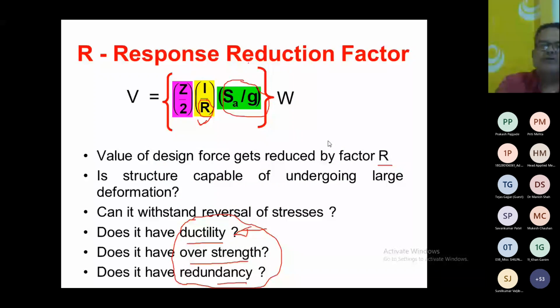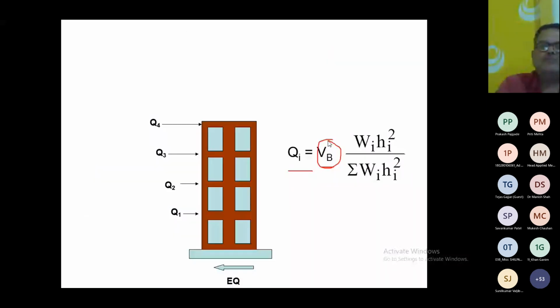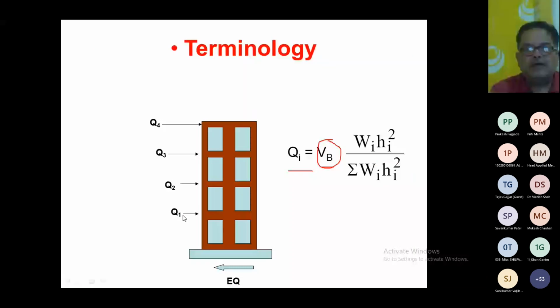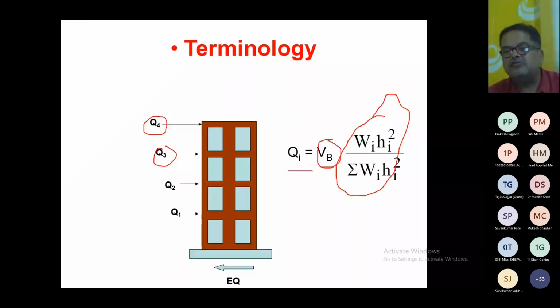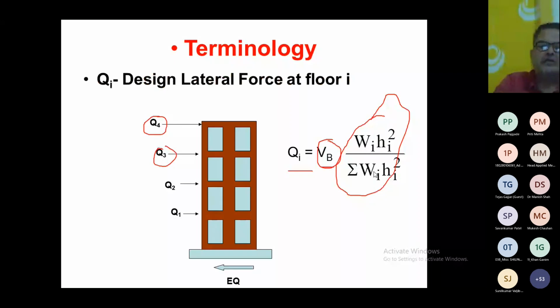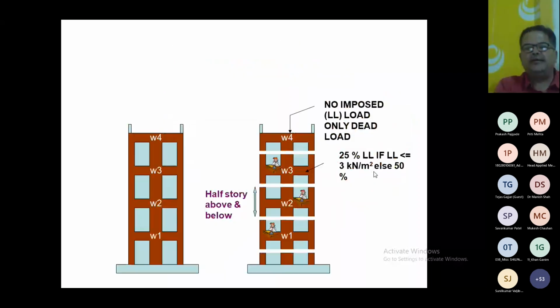Once we know VB, we have to calculate the lateral forces acting at the floor levels: Q1, Q2, Q3, Q4, right? The distribution we are assuming is a parabolic distribution. Remember, the parabolic distribution is assumed by the code. So it's VB into W H i squared upon sigma W H i squared. So the design lateral force can be calculated, right?